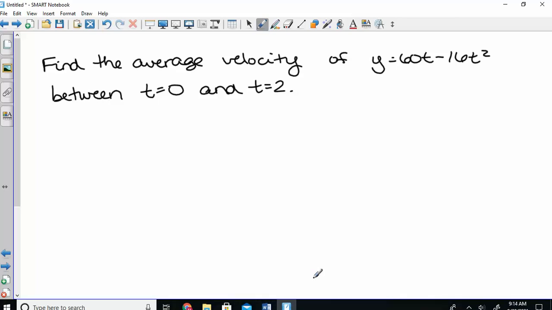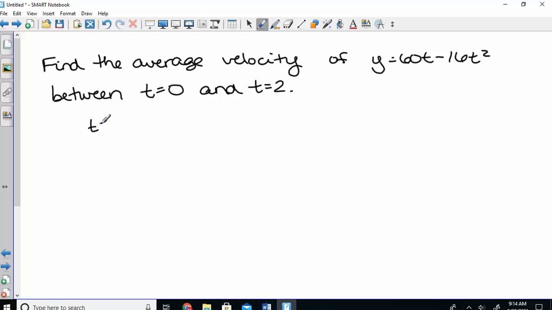Average velocity is just another word for what? Average rate of change. I'm just asking you to find slope. So we need two points to find slope.